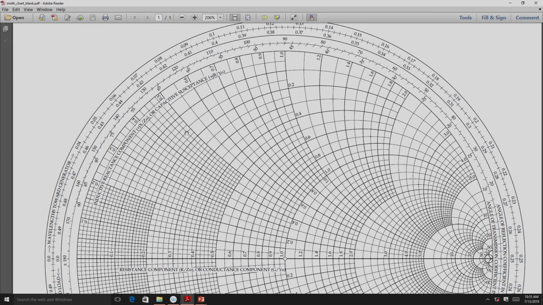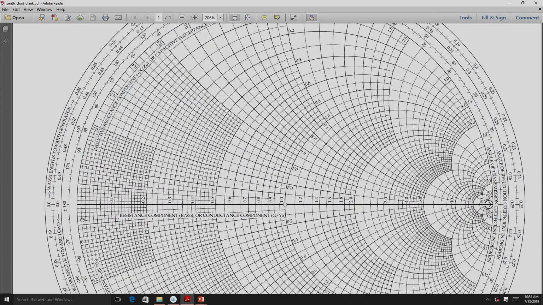So, you can see that all these circles are very closely spaced now, and this part of the Smith chart represents the inductive reactive component, that means J x by Z naught, when it is used as an impedance chart. Smith chart can also be used for calculation of admittances. So, this part will also represent J b by Y naught.